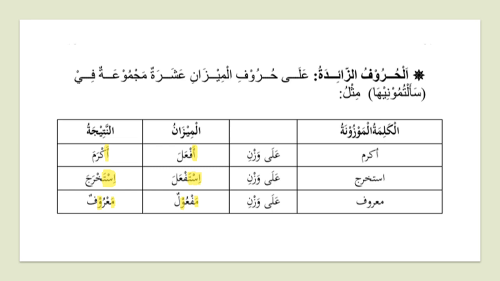Those are your root letters. Someone's already answered it on the Zoom: ayn, ra, and fa. Ma'ruf is something that is known. Correct. So the verb is arafa. Ma'rufun. That's how you search it.